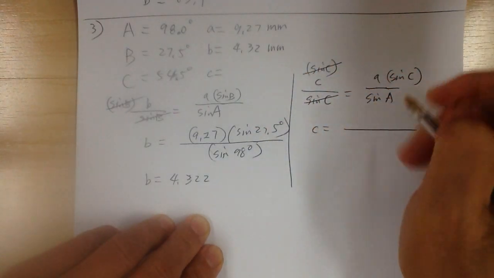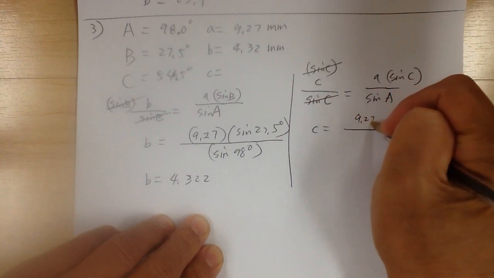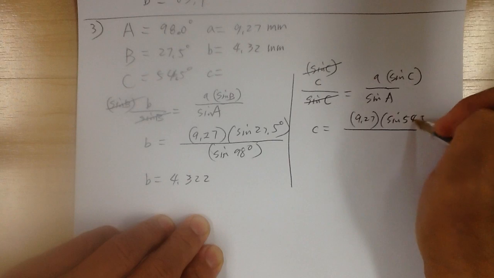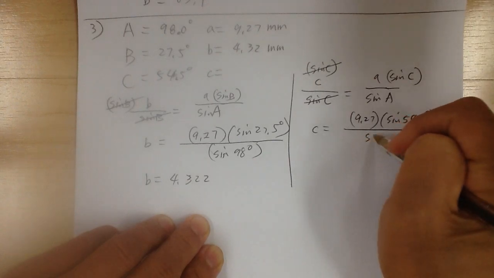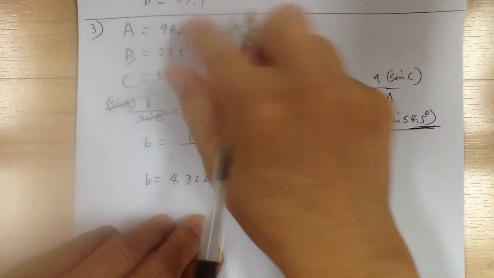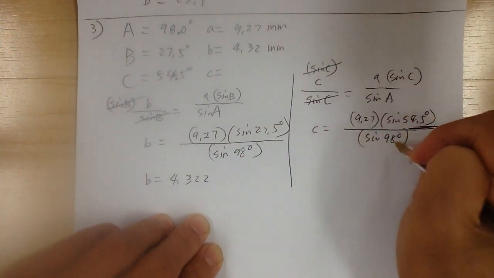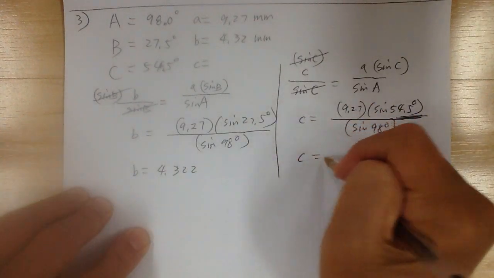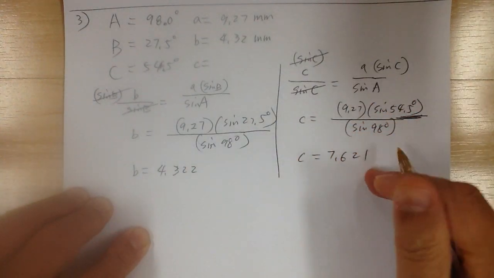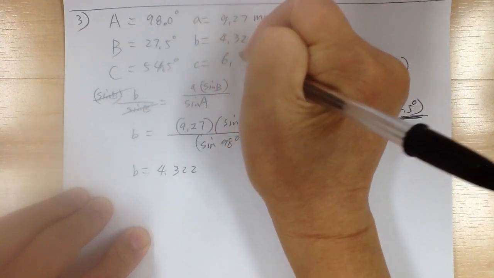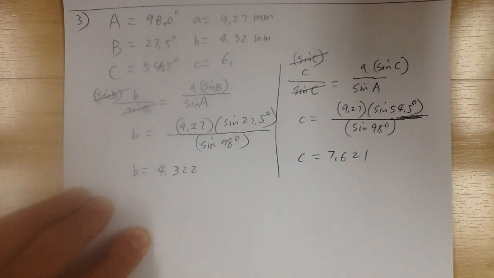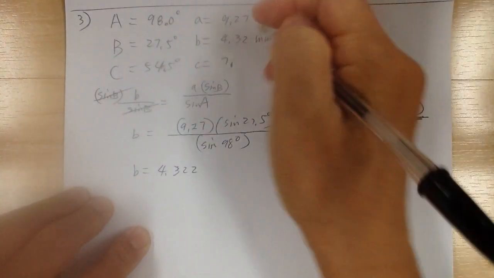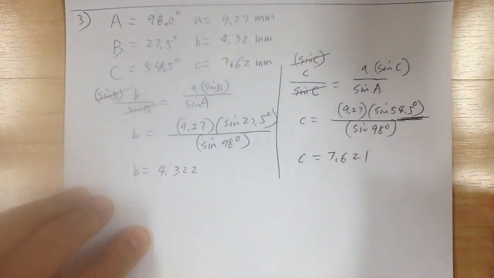So C equals A, which is 9.27, times sine of C, which is 54.5 degrees, over sine A, which is 98 degrees. Okay, so you can use your calculator, enter all the numbers. So C equals 7.621. So come over here, you get 7.62 millimeters.